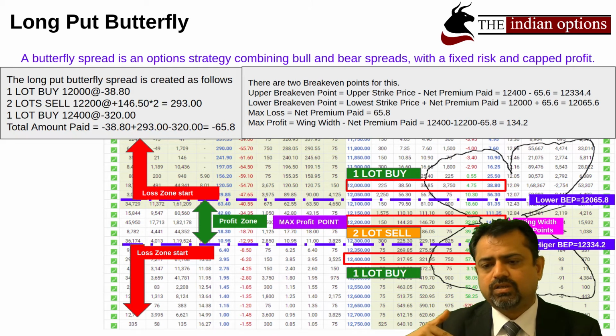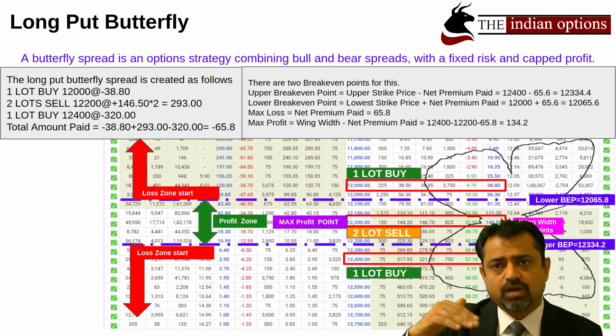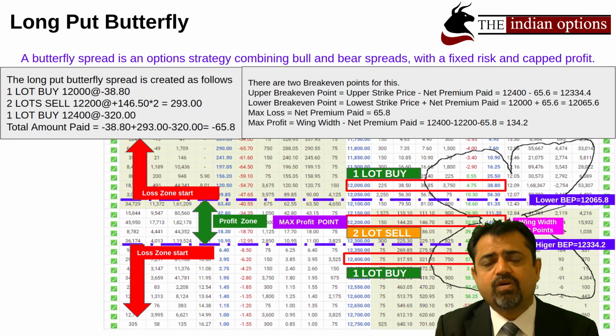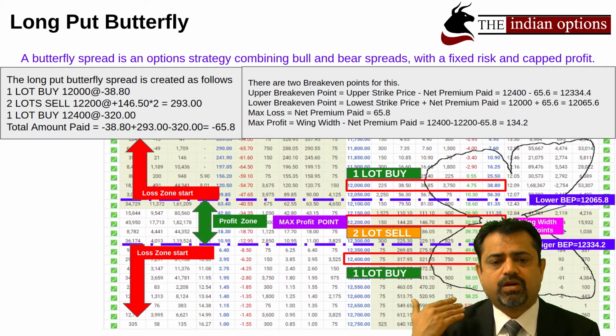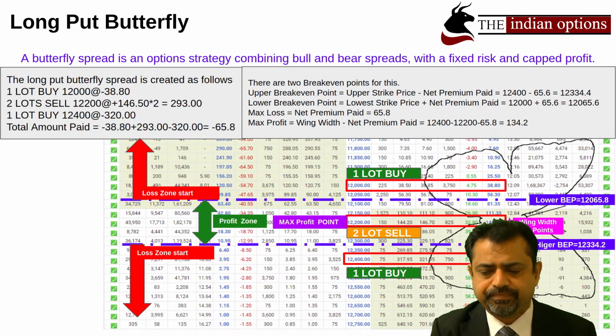Okay, so if the market stays between these two break-even points, then you are going to make profit, and if the market breaches these two break-even points, then you are going to make a loss, but the maximum loss is going to be 65 rupees, which you have already paid.